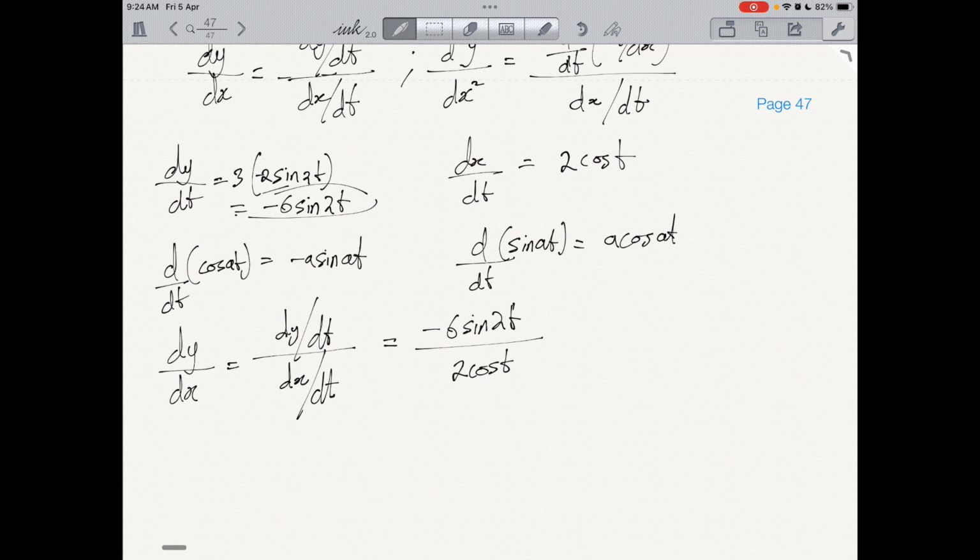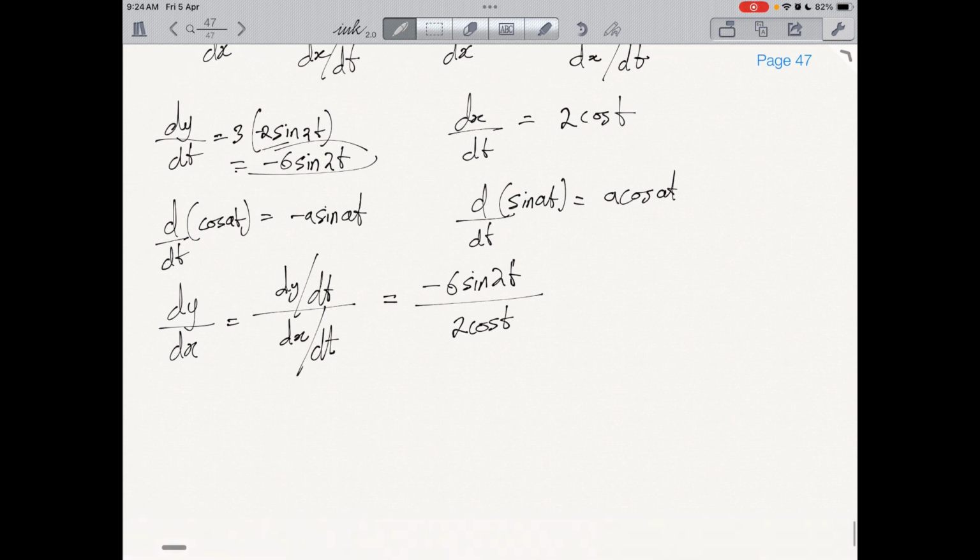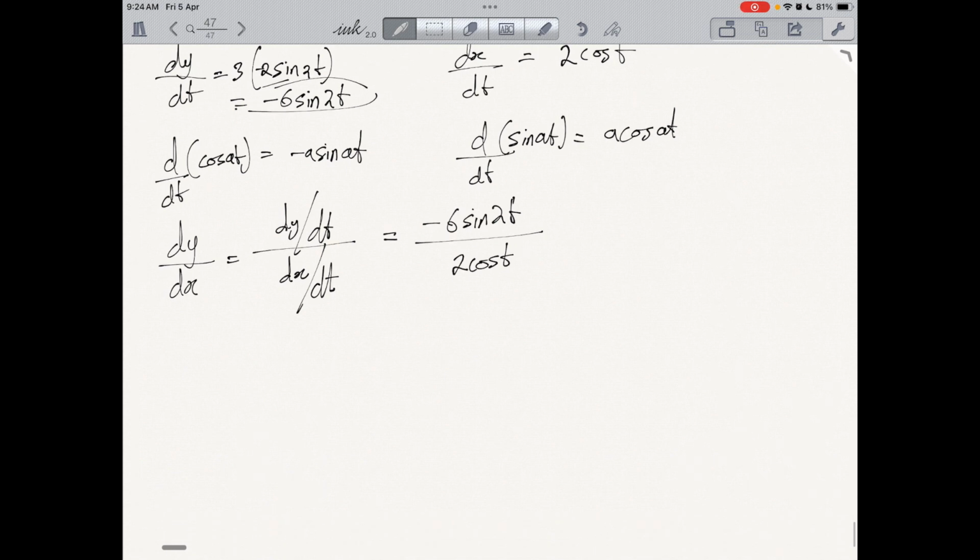We can also apply trigonometric identities to reduce this further. Now, in trig identities, sin 2θ is the same thing as saying 2 sin θ cos θ. Therefore, sin 2t is 2 sin t cos t.